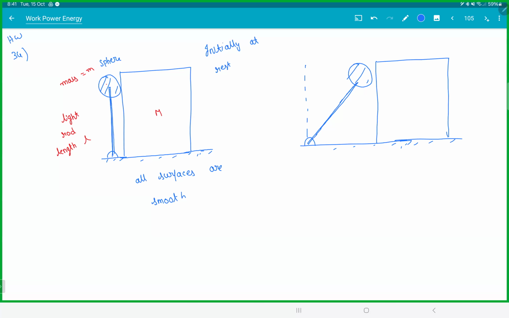As it is falling, it will not keep on going forever. At some point they will lose contact. So this guy was small m and this guy was capital M. You can see the gap here, it loses contact. The sphere and the block will separate from each other when this angle becomes 60 degrees.